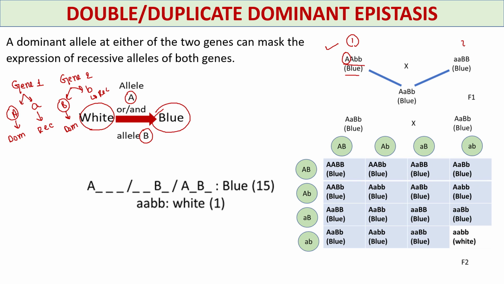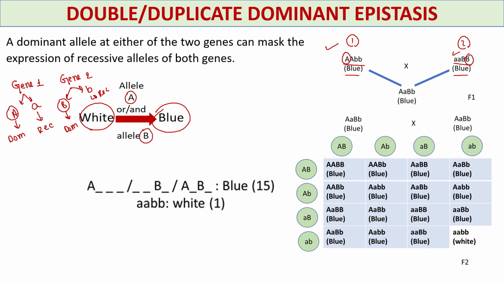Second parent has genotype small a, capital B, and it is also blue because it has allele capital B which masks the expression of gene 1. Hence makes the flower blue.